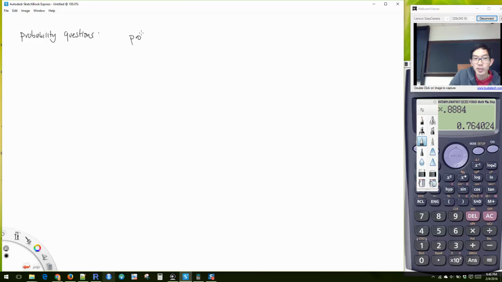So, probabilities of different events, and combinations of events. So, and, or.